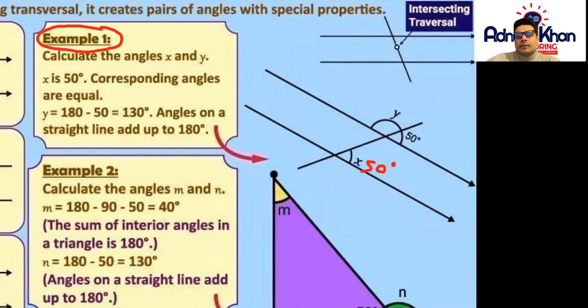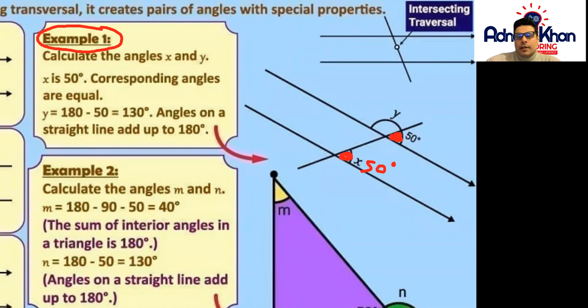Now we need to work out what Y is. These are corresponding angles here, so this angle is going to be exactly the same as this angle here. Remember, it's a corresponding angle.